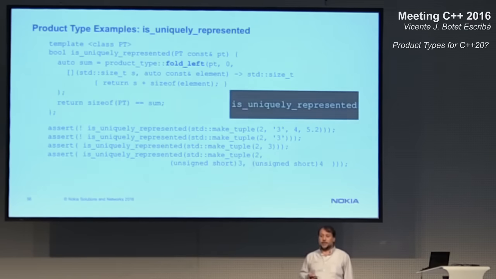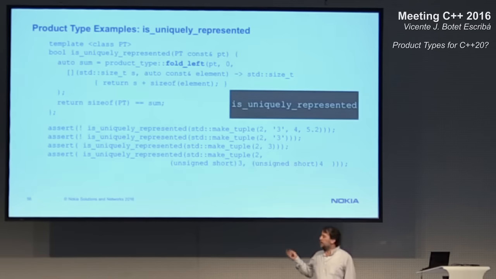This works. This doesn't work in some cases. This doesn't work with bit fields, because the type of the element of a bit field will be an integer, and the size is bigger than the size used by this bit field.